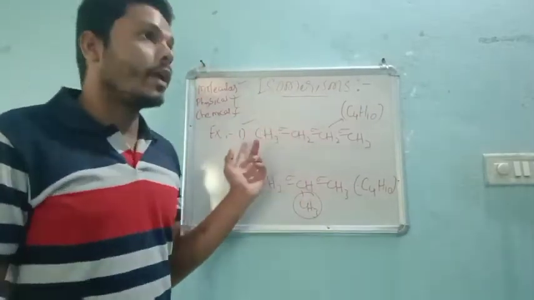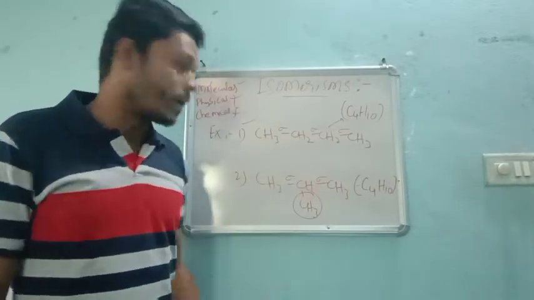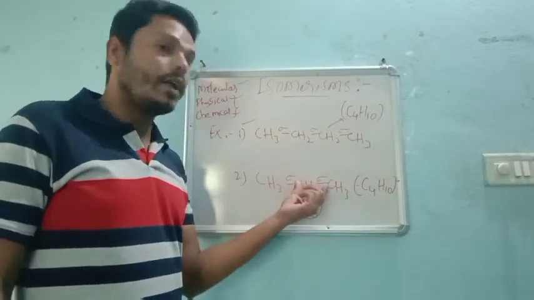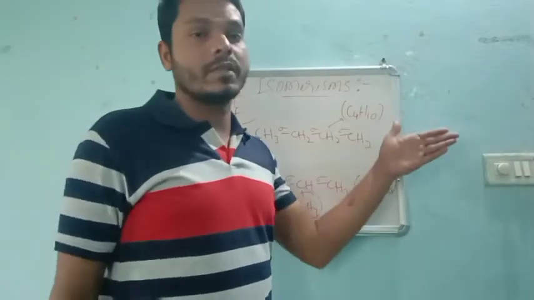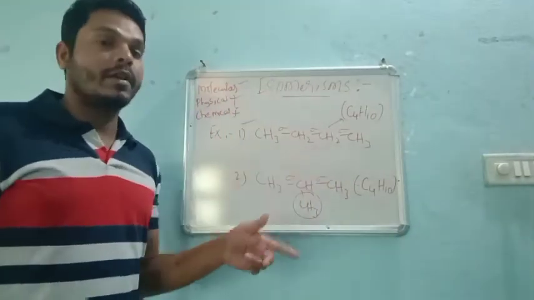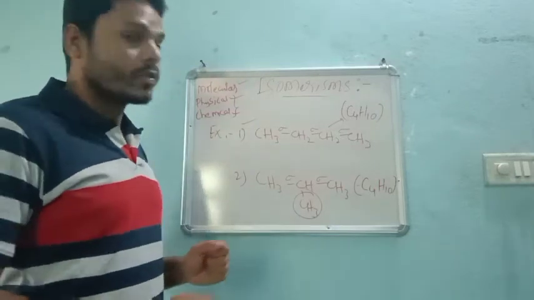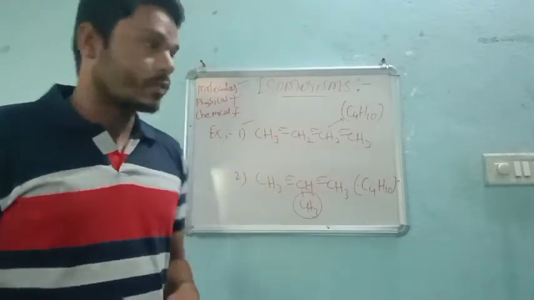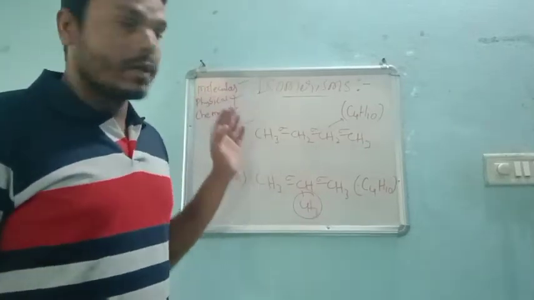Why? Because in a single straight chain we have three sigma bonds, but in this case only two sigma bonds. If chain length increases, as I have already explained, the strength of that compound also increases. I hope you understood this, right?